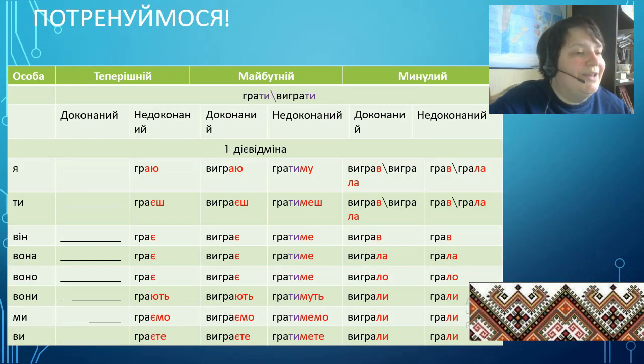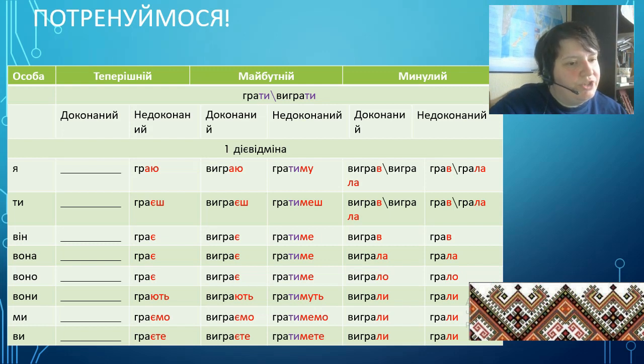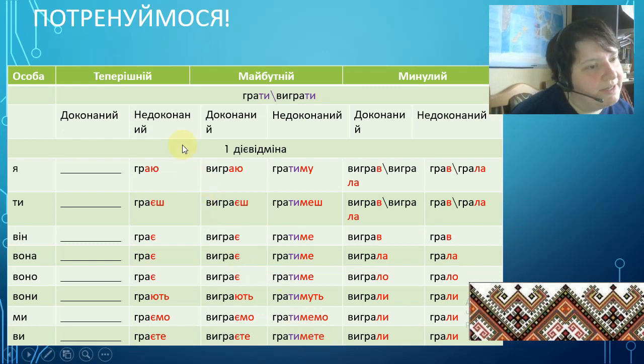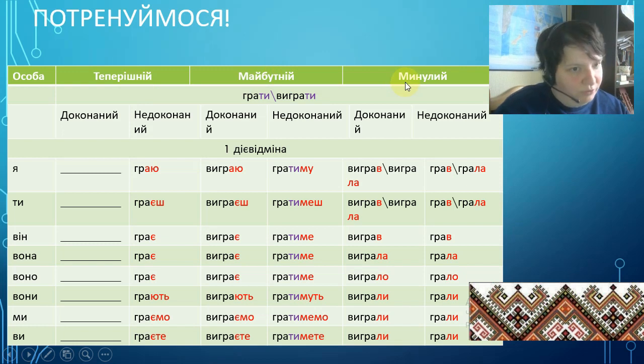Потренуємося. So I have made a huge table for you with two types of conjugation here and with all the endings in all the tenses. Present – теперішній, future – майбутній, past – минулий.